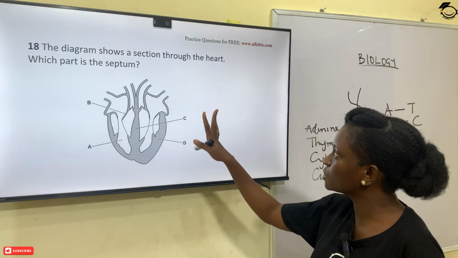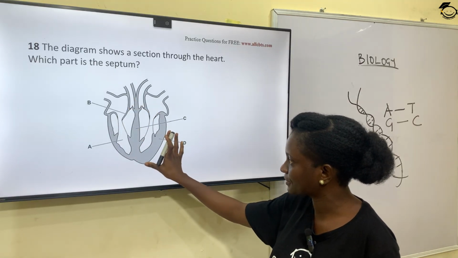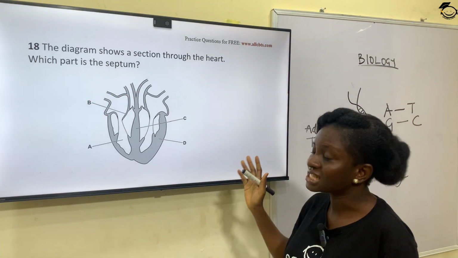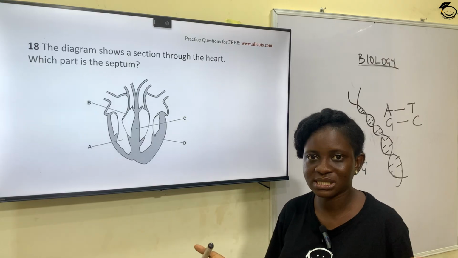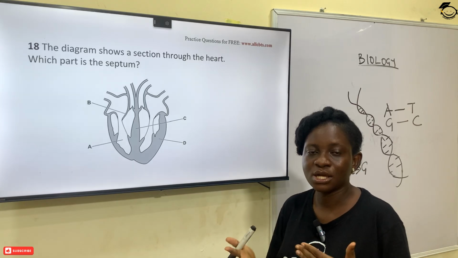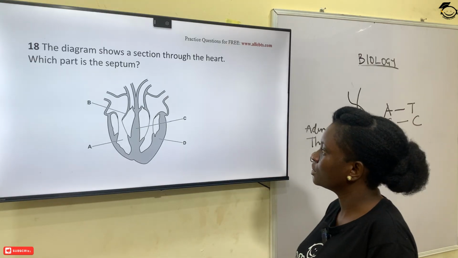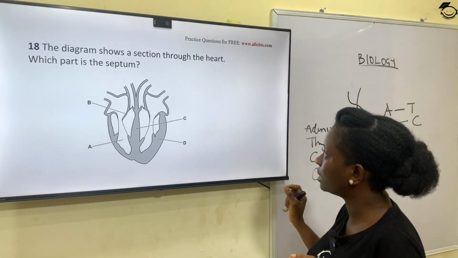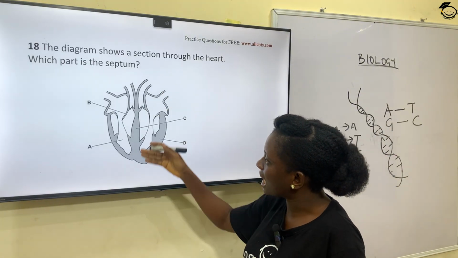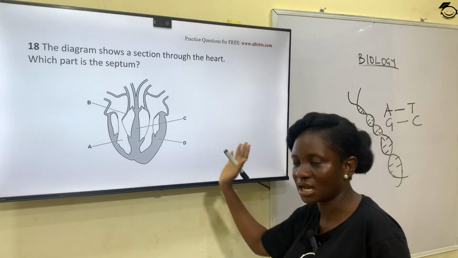So the diagram shows a section through the heart. This is what the section of the heart looks like. So which part is the septum? You need to understand what the septum is: the gap in the heart that separates the right side of the heart from the left side of the heart.